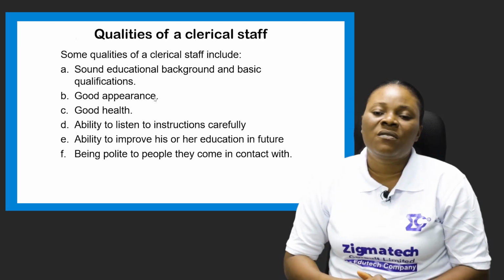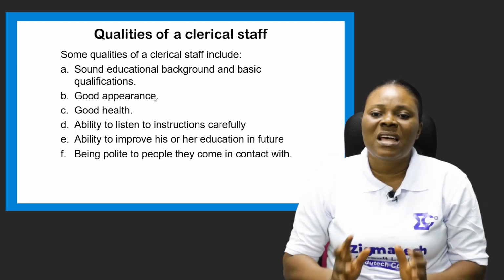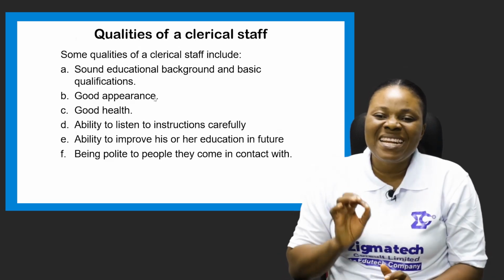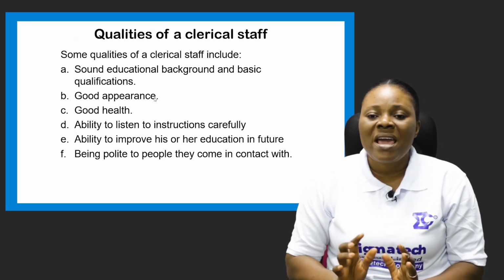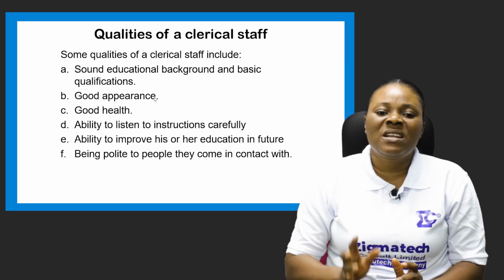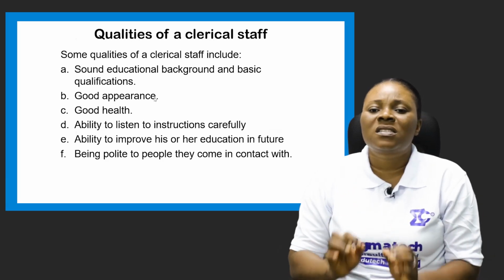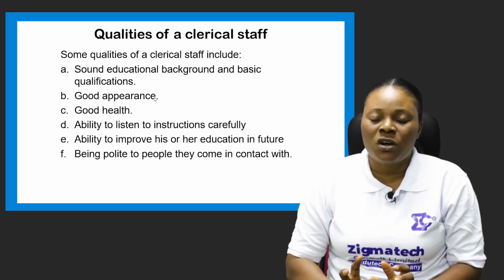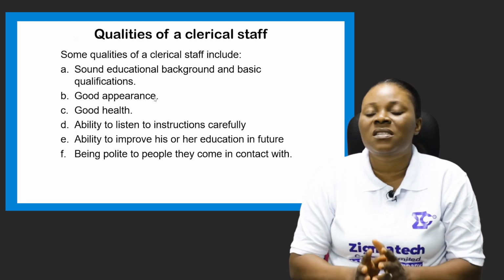The second quality of a clerical staff is good appearance. A clerical staff is expected to be neatly and smartly dressed at all times. Why is this so? Most times when a visitor visits the establishment, you are the first person the visitor sees, and the first impression given to the visitor tells what the organization is all about.